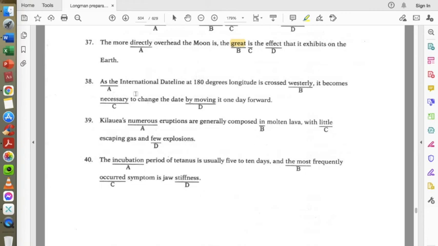38. As the international date line at 180 degrees longitude is crossed westerly, it becomes necessary to change the date by moving it 1 day forward. Is crossed westerly. As the international date line at 180 degrees longitude is crossed westerly, it becomes necessary to change the date by moving it 1 day forward westerly.